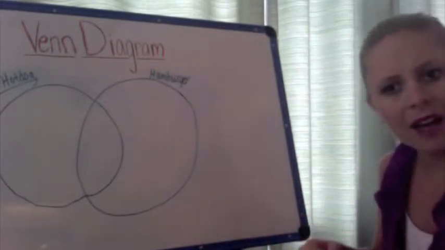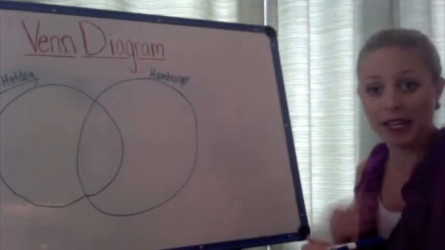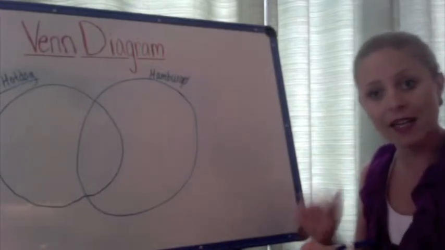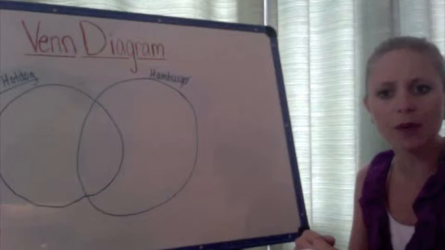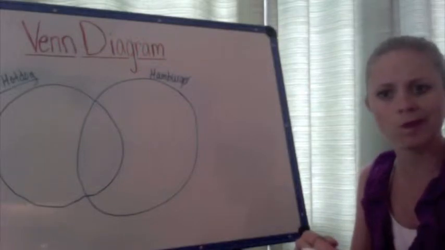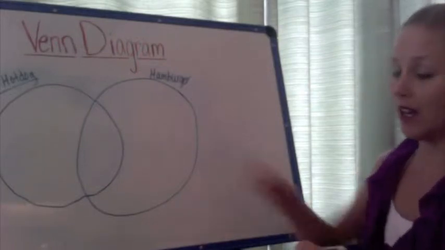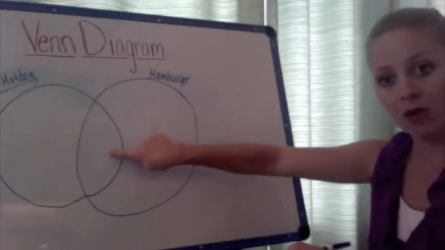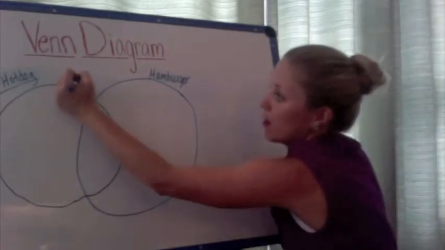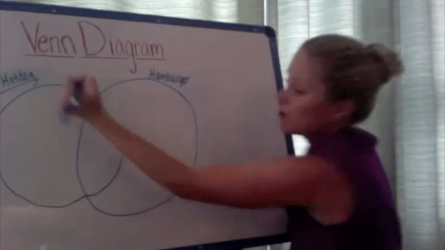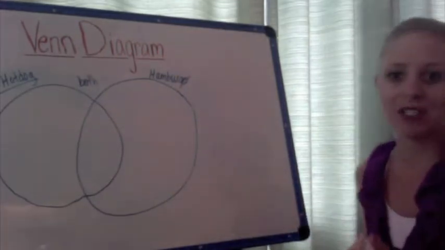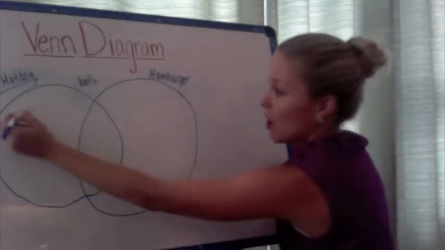But now, friends, what do we do if I like hot dogs and hamburgers? So where do you think I would go? You are right. You put it right here in the middle. This is for both. Okay? So let's say Susie likes hot dogs.